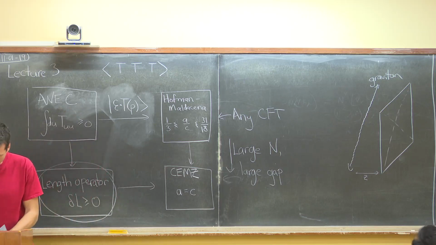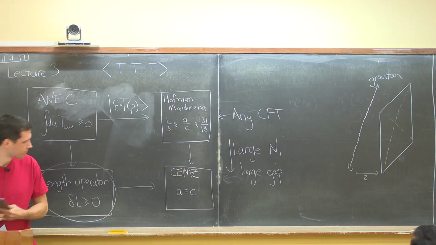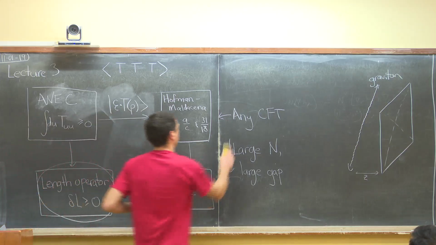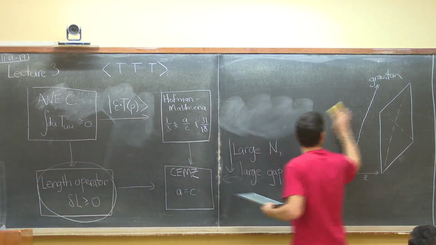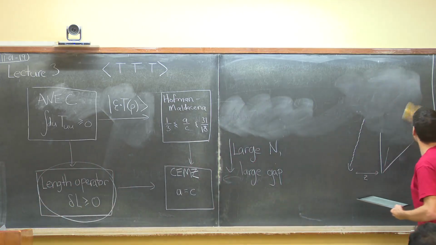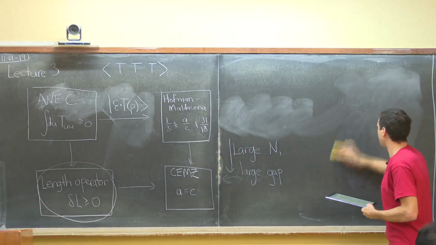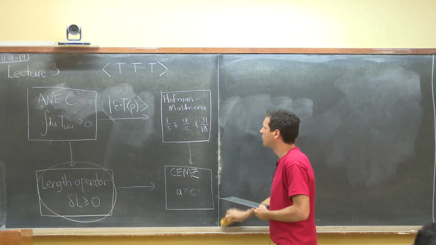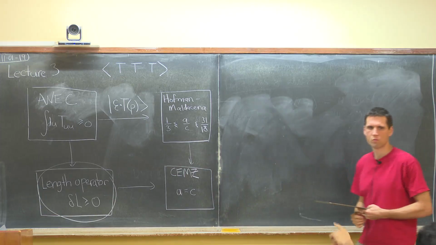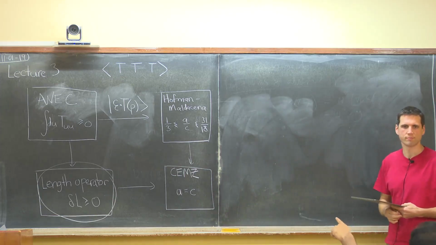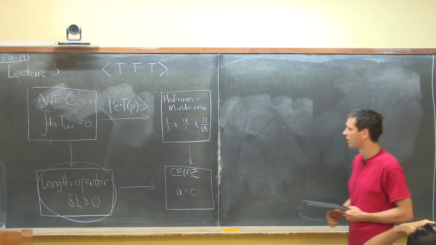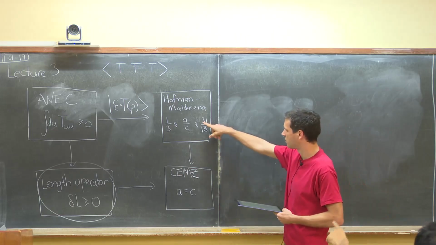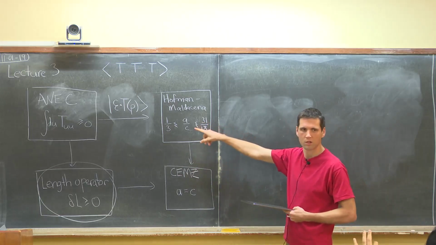From the bulk, you always get A equal to C, right? That is just a purely field theory comparison. Sorry, what? That one is just field theory.